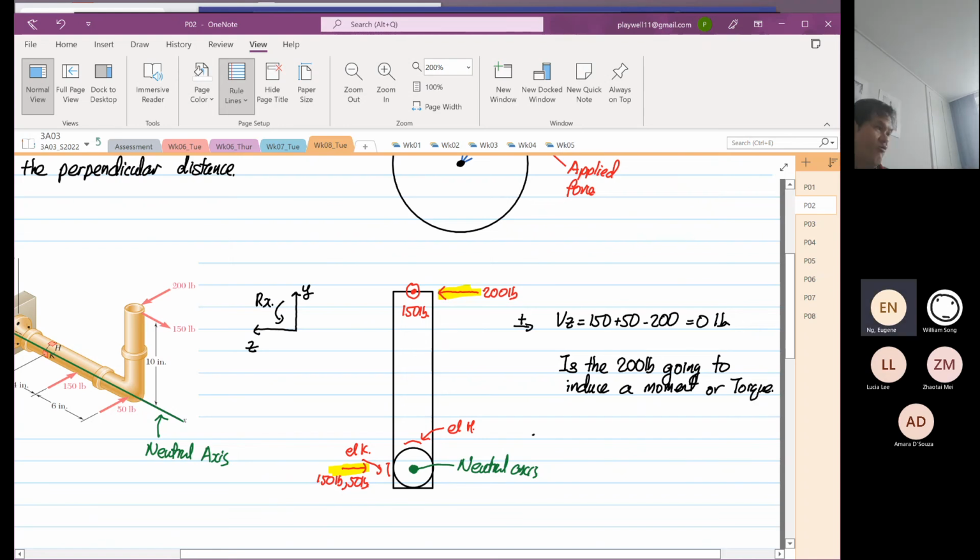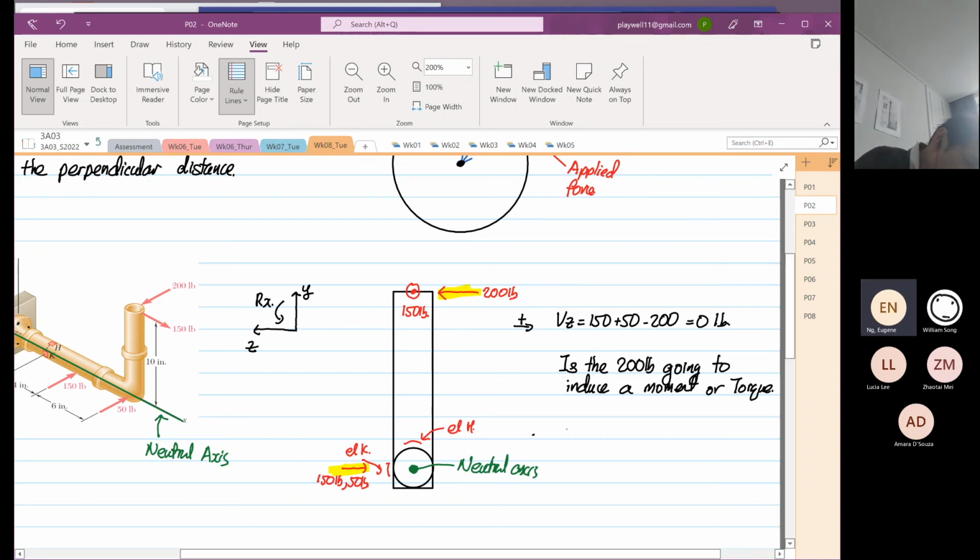Remember, both formulas are very similar. It's force multiplied by perpendicular distance for moment, or force multiplied by radius for torque. So whether it is moment or torque, you observe the deformation pattern of the neutral axis.